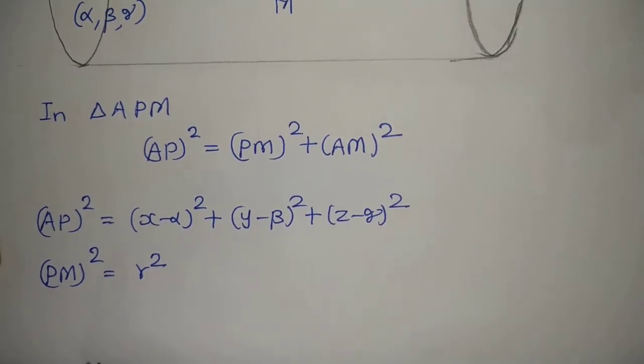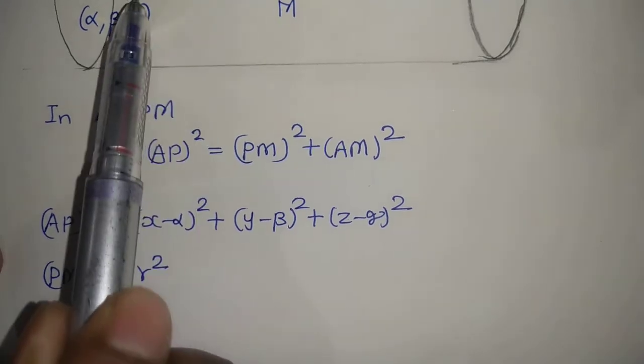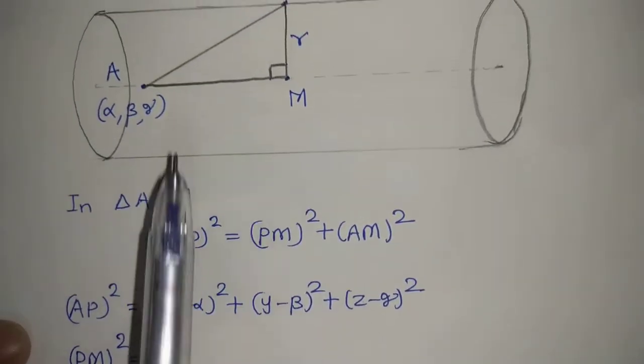Now the very important point in this equation of a right circular cylinder is how to calculate this AM.